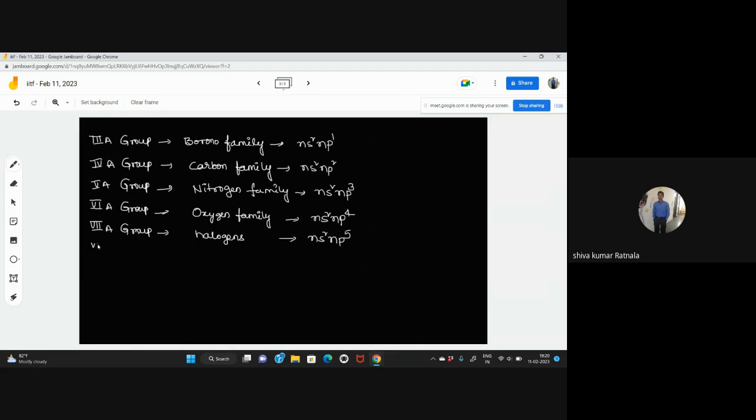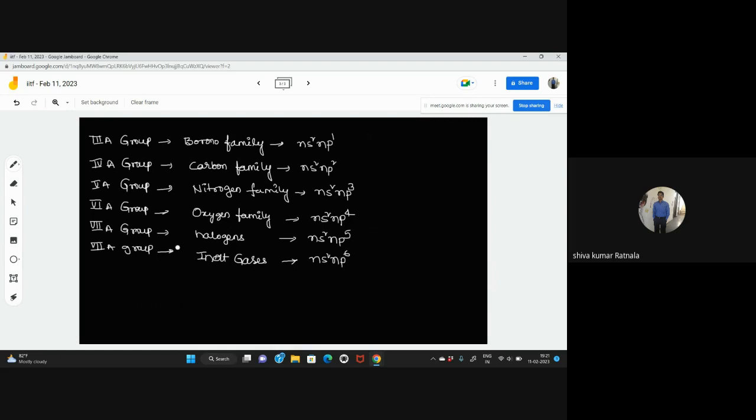And the eighth A group, also called inert gases or noble gases, has the configuration ns2 np6.